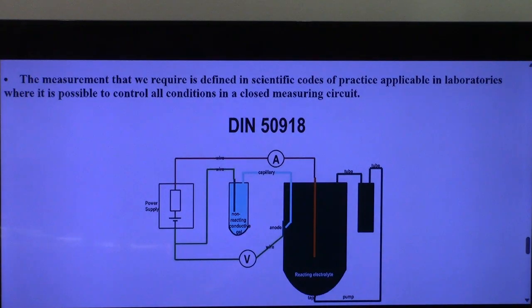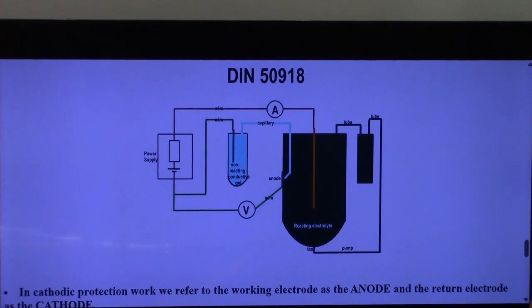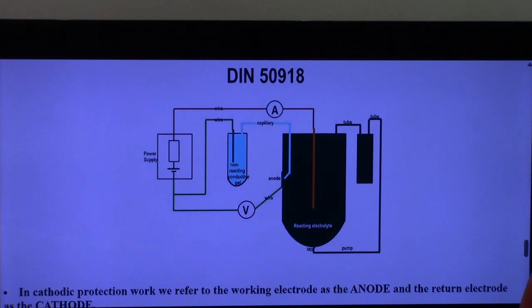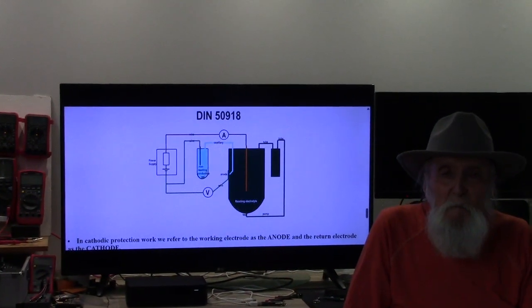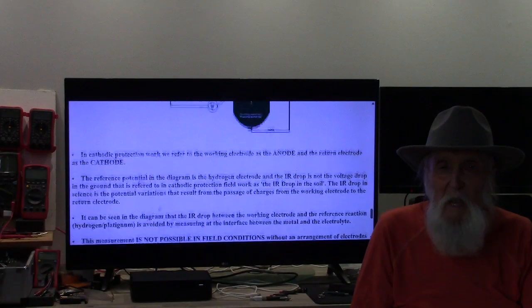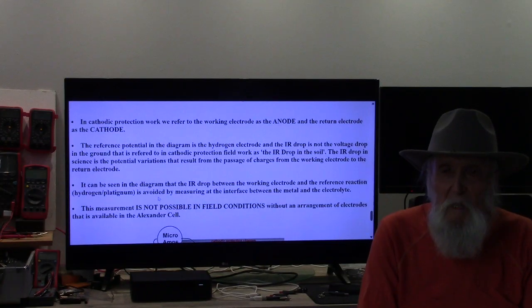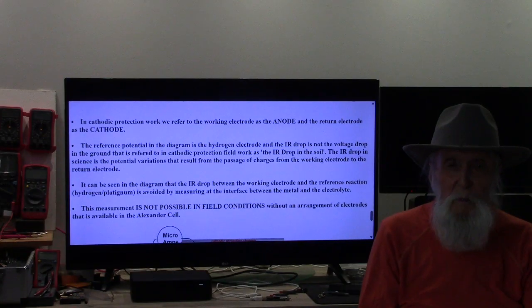This picture shows DIN 50918, which is a specification for the measurement of the electrochemical reaction. In cathodic protection network, we refer to the working electrode as the anode and the return electrode as the cathode.